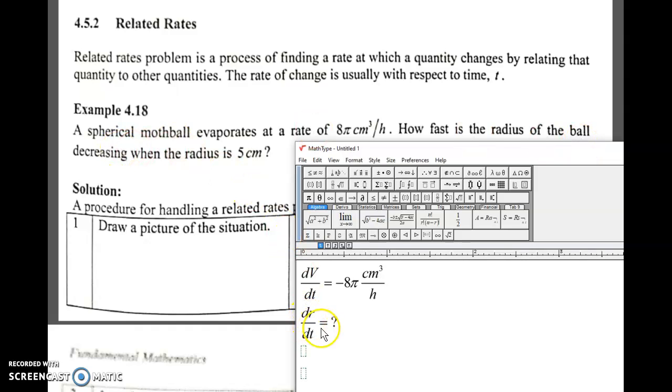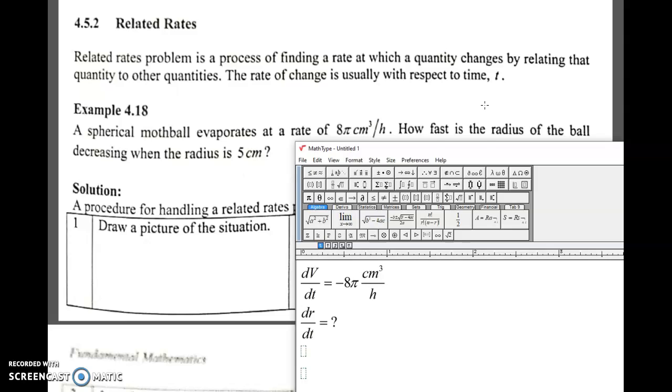And I did put dr over dt. How can I figure this out? So now let's first change this statement to a more similar statement. I might say, how fast are you driving on a highway? You are going to say maybe I'm driving according to the law, which is 110 kilometer per hour.